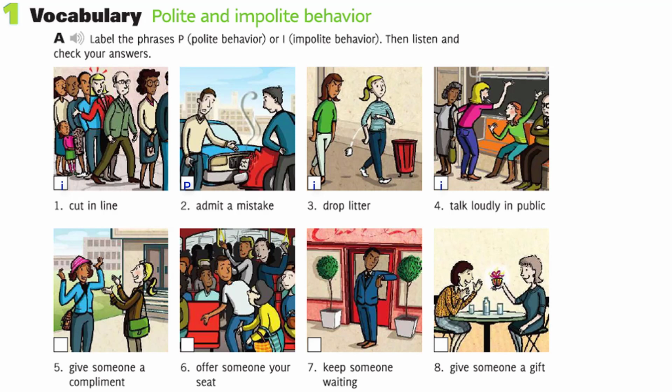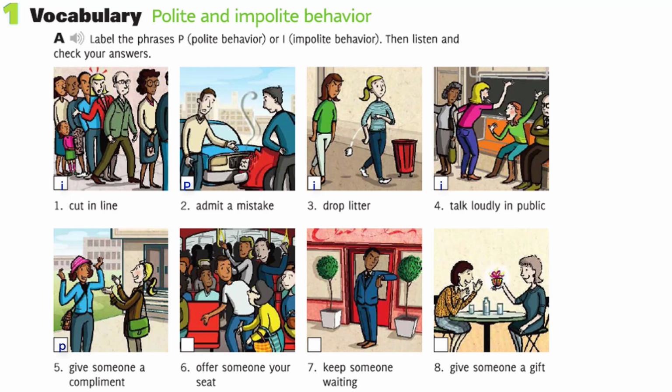Number 5, we have 2 women talking to each other, and it looks like the first woman has a compliment for the second woman's hat. And compliments can be considered polite behavior. So if you say something nice about something you noticed about someone, that is, give someone a compliment, and it is polite behavior.